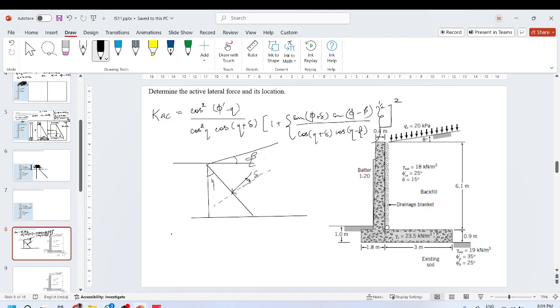In this case eta is 0, beta is 8, delta is 15, and phi is 25.